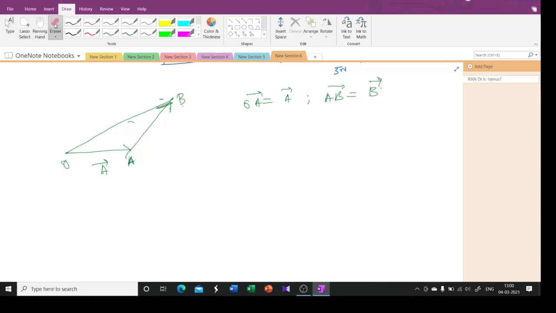So let's do one thing, let's replace them with P and Q. So this is P vector, and this is Q vector. So using triangle law, tell me what is OB going to be? OB is simply OA plus AB, as we learned from triangle law.